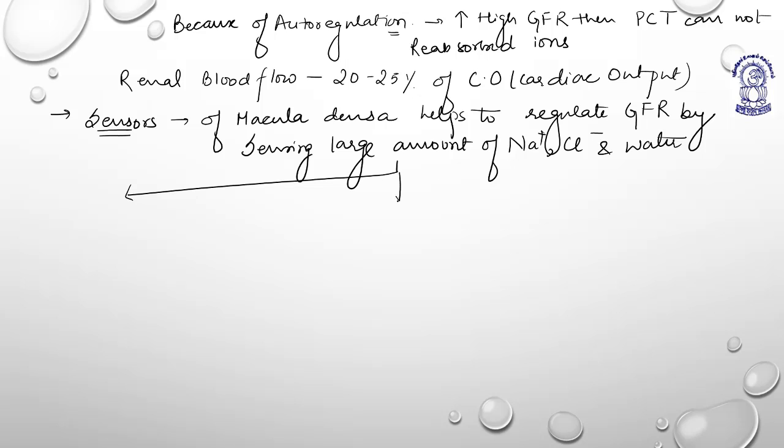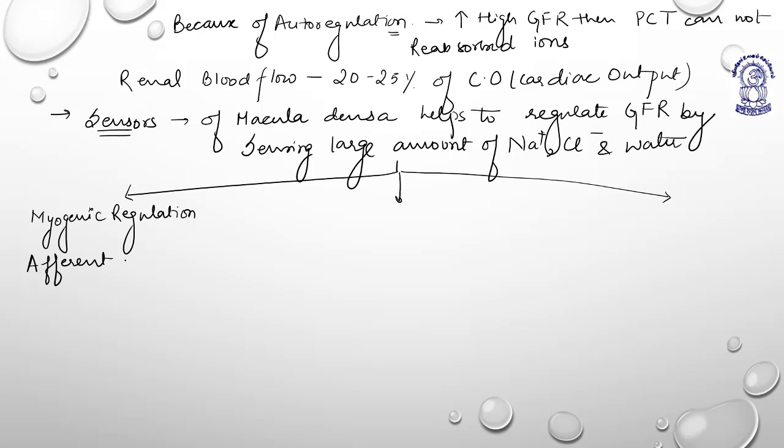It is basically maintained in three ways. One is the myogenic control or regulation. The afferent arteriole undergoes constriction to decrease its diameter. The afferent arteriole, which is bringing the blood, if it gets constricted, then less filtrate will reach the glomeruli.